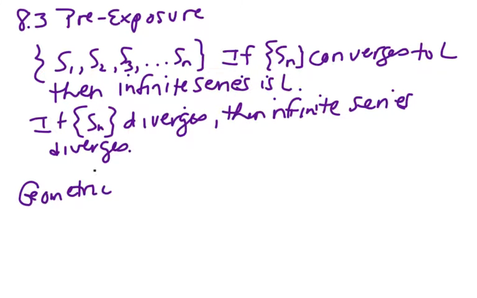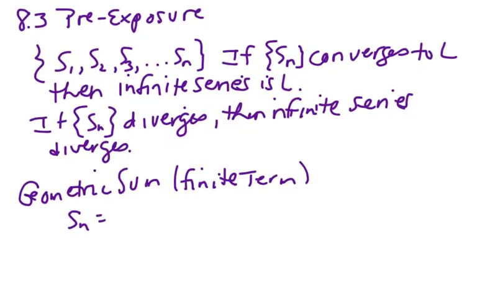But for the geometric sum, we're going to look at a finite number of terms to see if we can derive a formula that represents the partial sums. So in looking for a finite sum, I'm going to redefine Sn and show you this algebra, how we derived it.